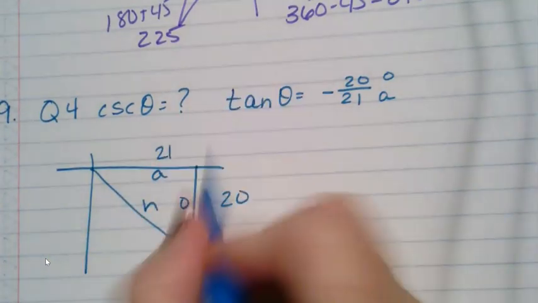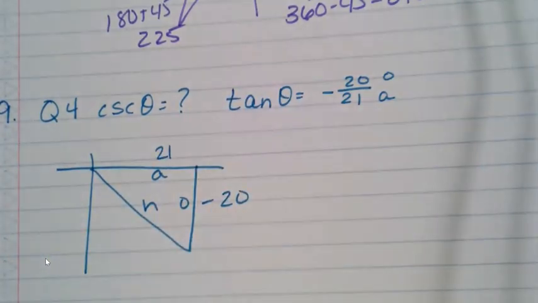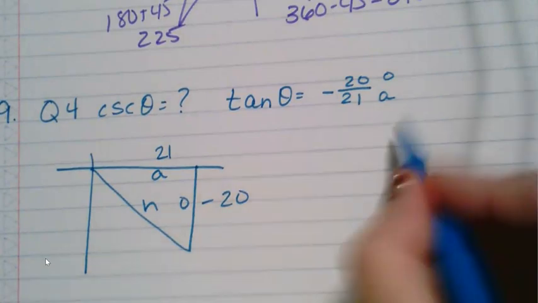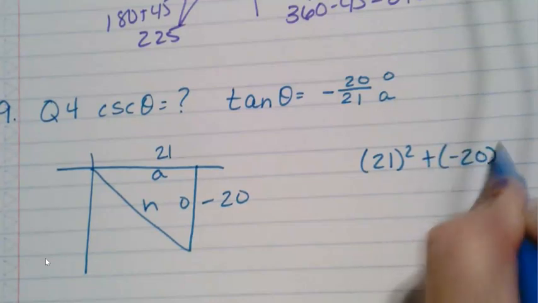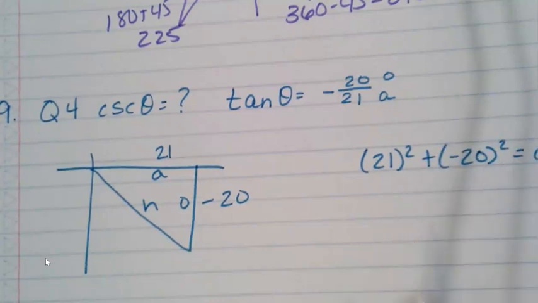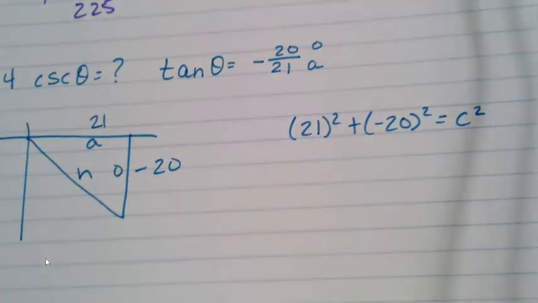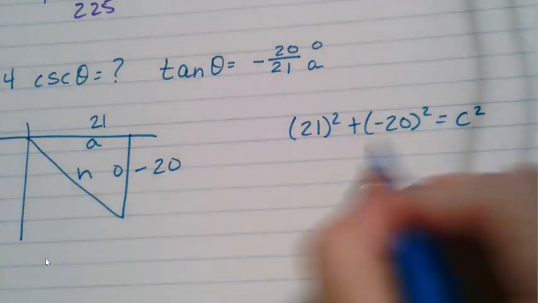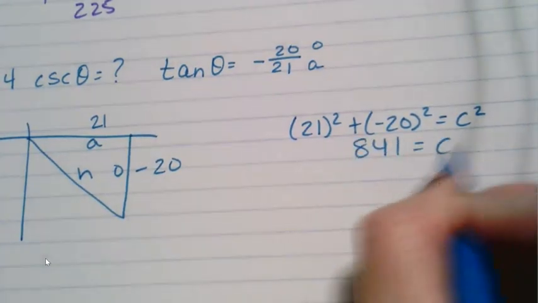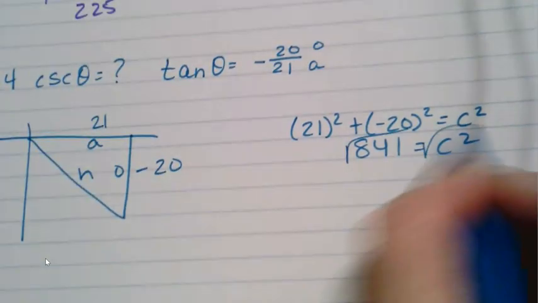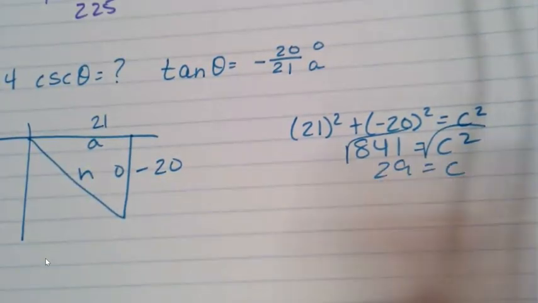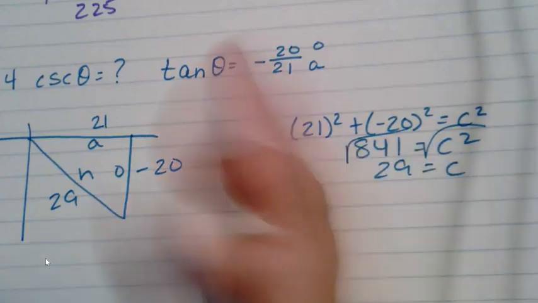And we're in quadrant 4, so we know that this is a negative. Now, we still got to do the Pythagorean theorem. This is 841, and let's try 841. Yes, when we take the square root, we get 29, and it's a hypotenuse, so it's positive.